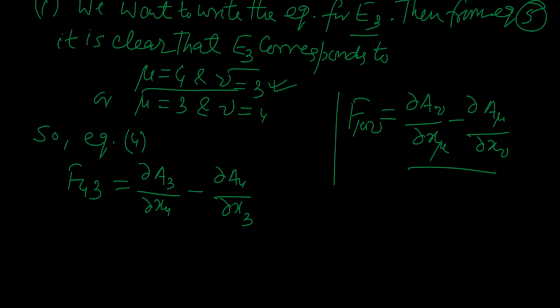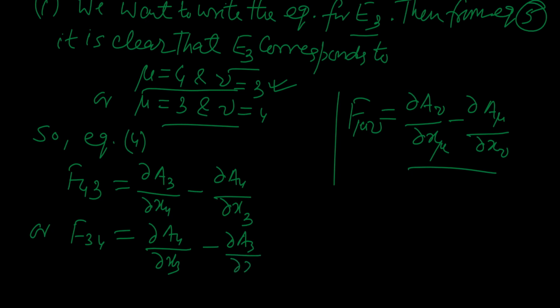This result is obtained when we take this set of values, mu equal to 4 and nu equal to 3. And if we find F34, taking these values, this will be del A4 by del x3 minus del A3 by del x4.